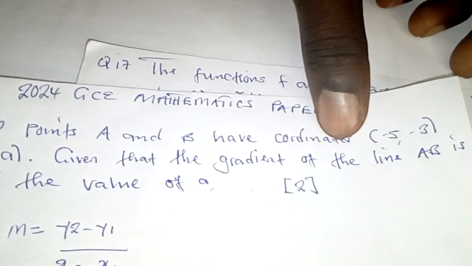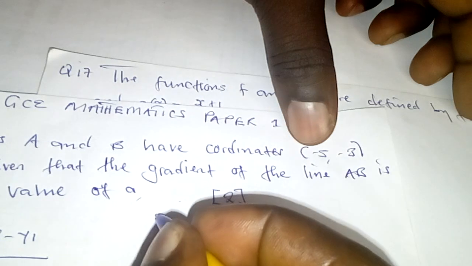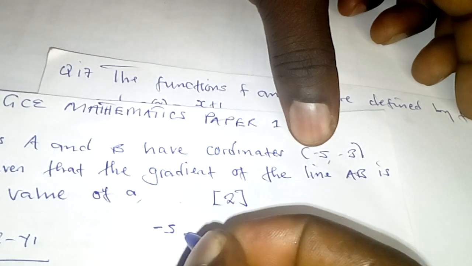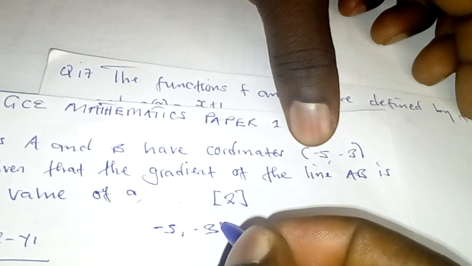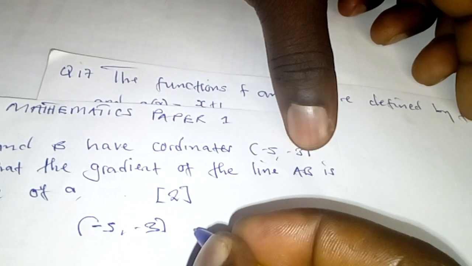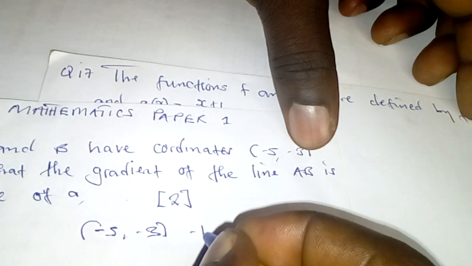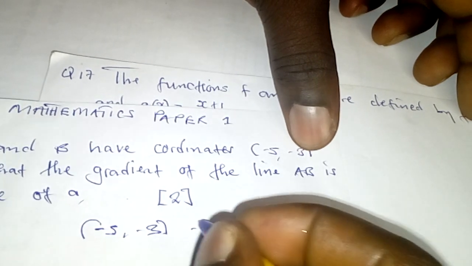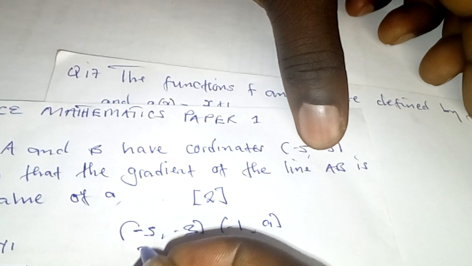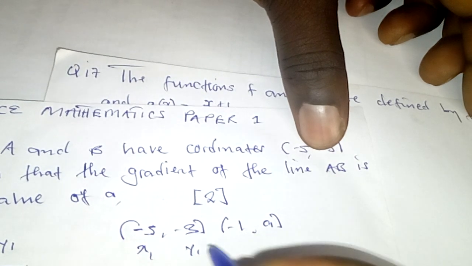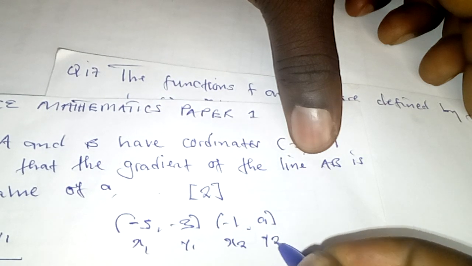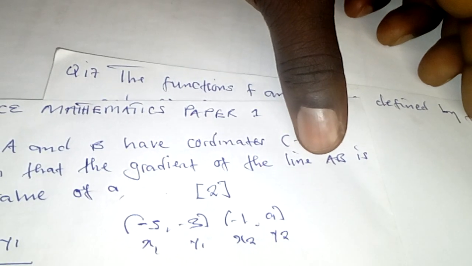Now, the coordinates we have are (-5, -3) and the second point (-1, a). So we are going to make these x1, y1, x2, and y2.